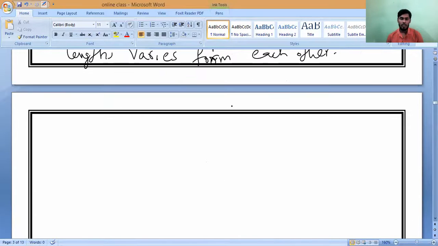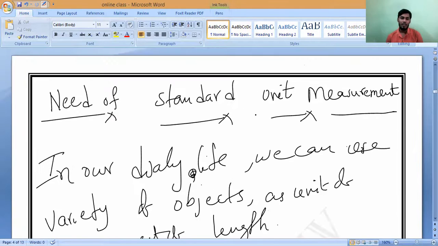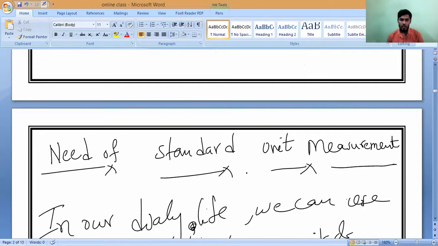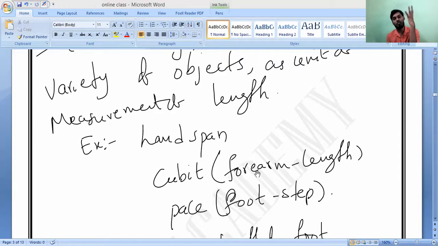So that is the importance of units. That is why we need standard units of measurement. Need of standard unit of measurement. Even though we have had many units since ancient time, they are not constant for everything. So the unit of measurement must have a fixed value for everything. Doesn't matter that my cubit is this much and your cubit is this much. We need a fixed value which does not change from person to person or place to place.